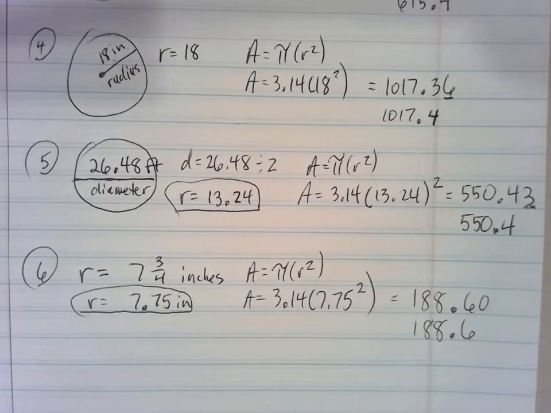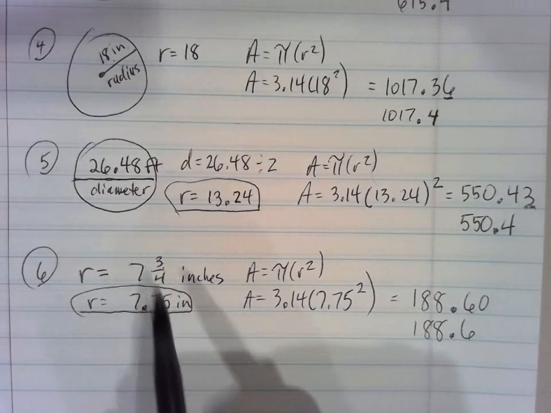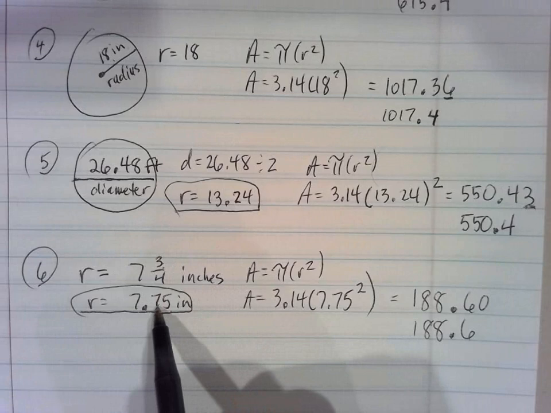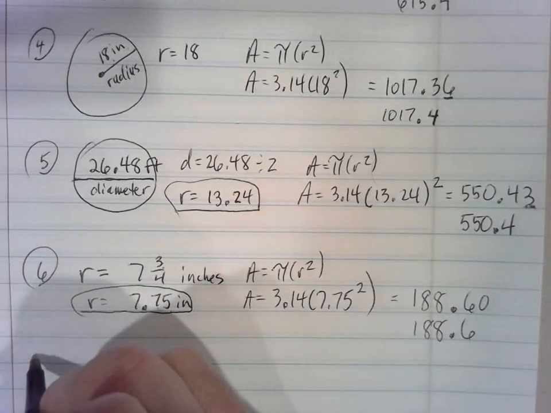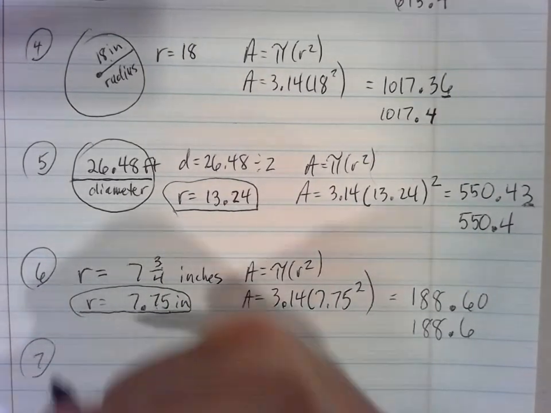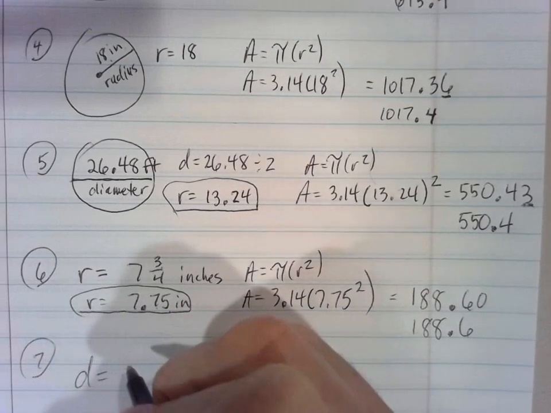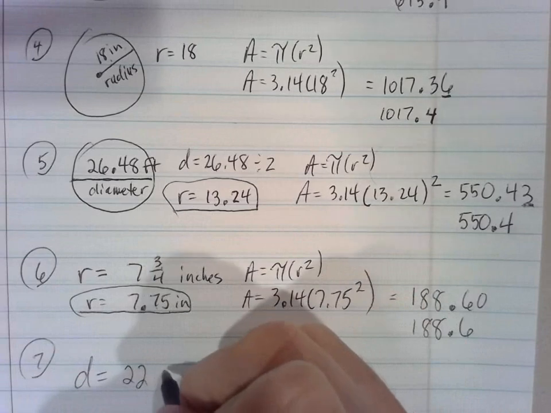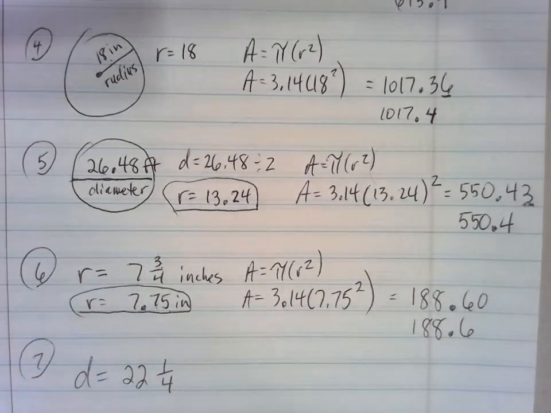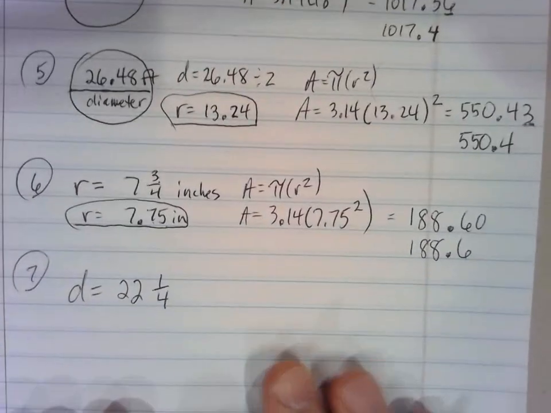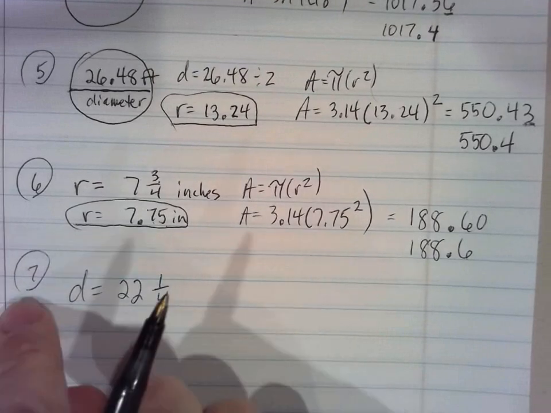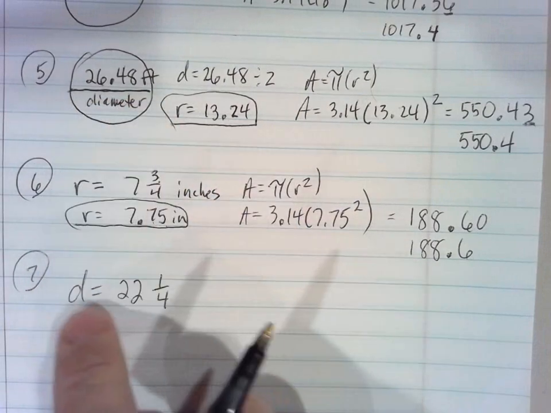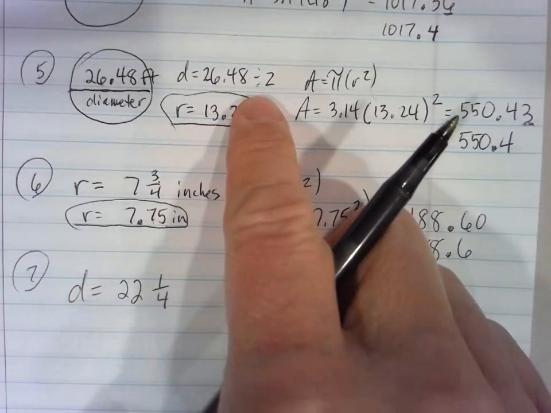So again, got the fraction. Let's take that fraction and change it to a decimal. 3/4 is 0.75. Let's do one more with a fraction. This time let's say the diameter is 22 1/4. Now, what does the diameter do on the circle? It goes all the way across from side to side, just like up here in this picture. So if it's giving you the diameter, you have to divide it by 2.